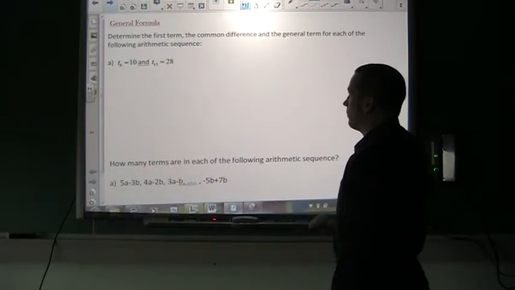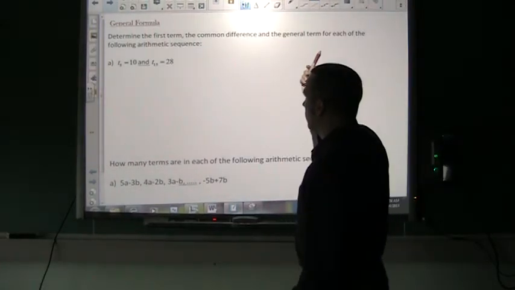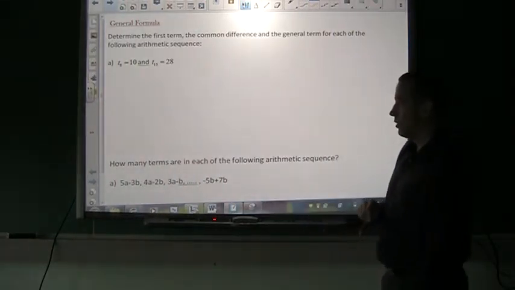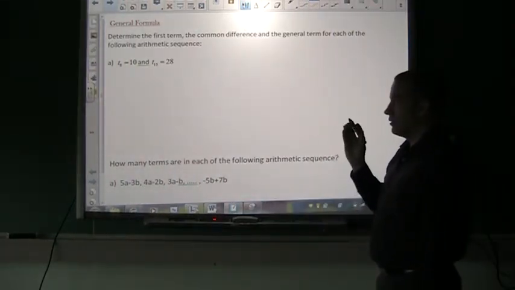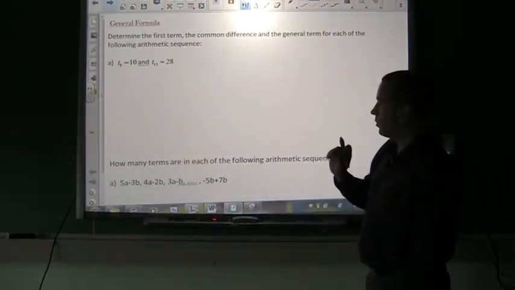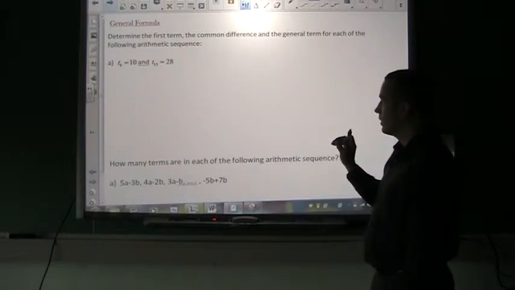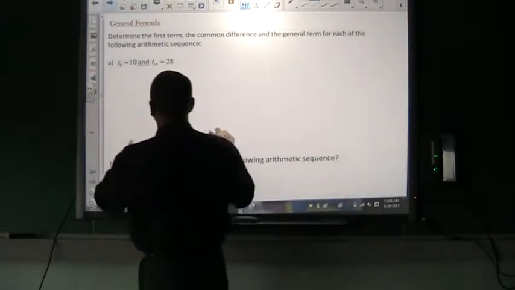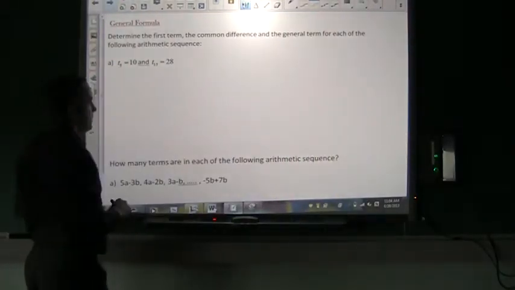So, for this particular one, I've got the 8th term and the 15th term. The 8th term is 10, the 15th term is 28. So I've added the same amount every time for 7 times. The difference between 8 and 15 is 7.